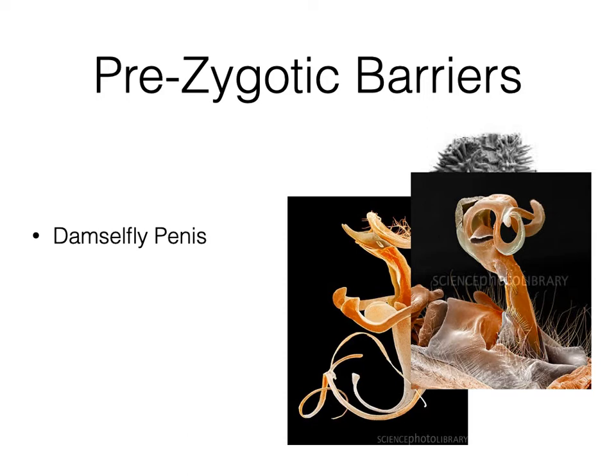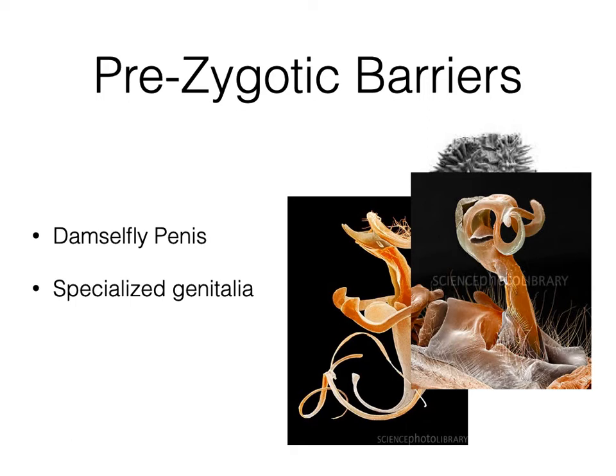So, yes, these are in fact all different pictures of damselfly penises. And the reason why I'm showing you damselfly penises is to drive home this point of a pre-zygotic barrier. And one of the ways that pre-zygotic barriers are established and maintained is through specialized genitalia. All right?